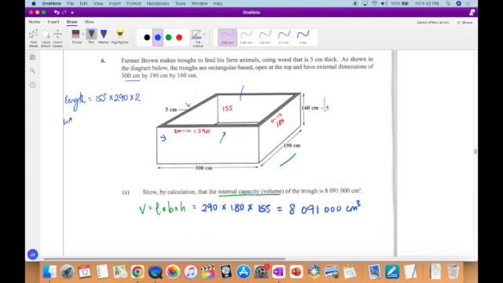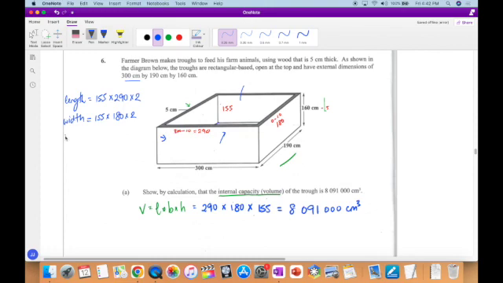Yeah, the width will be on this side, and remember on the inside we're talking about 180 and 155, so 155 times 180, and it's two surfaces, so it's multiplied by 2.